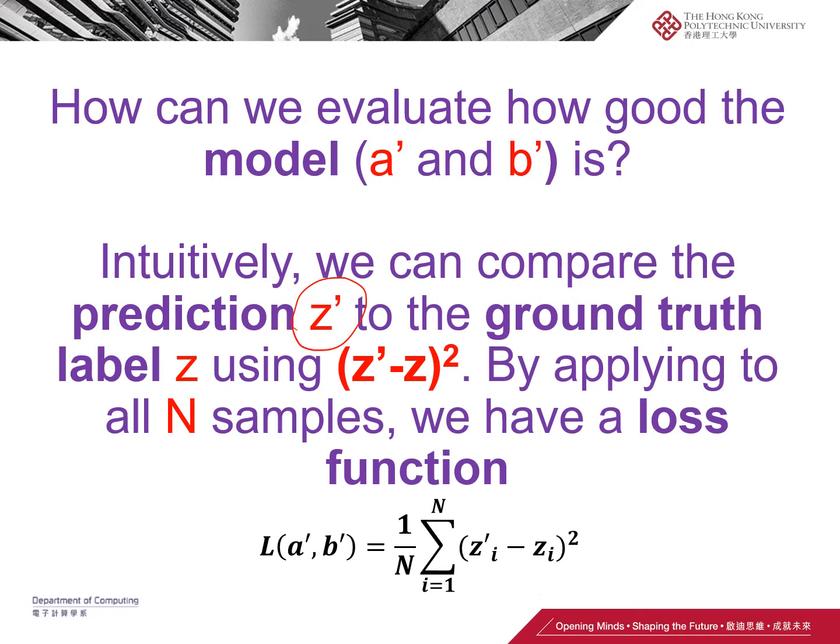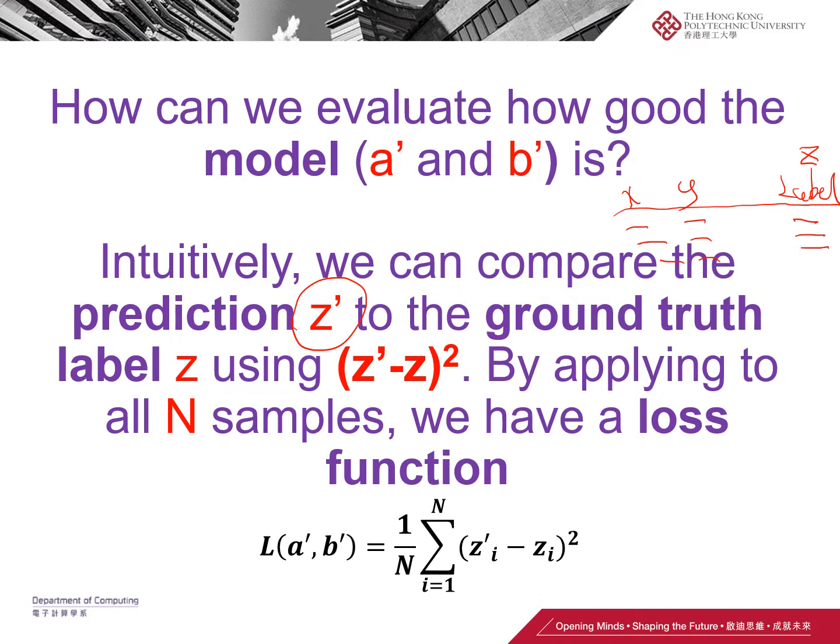The Z prime can be considered as a prediction for the X and Y. When we have the training data available, like what you have seen in the list, for every box of apples, I mean every training example, we have X and Y in that table. At the same time, we have the label, which can be considered as the ground truth Z, the real Z. We have a lot of them in that table, as you remember.